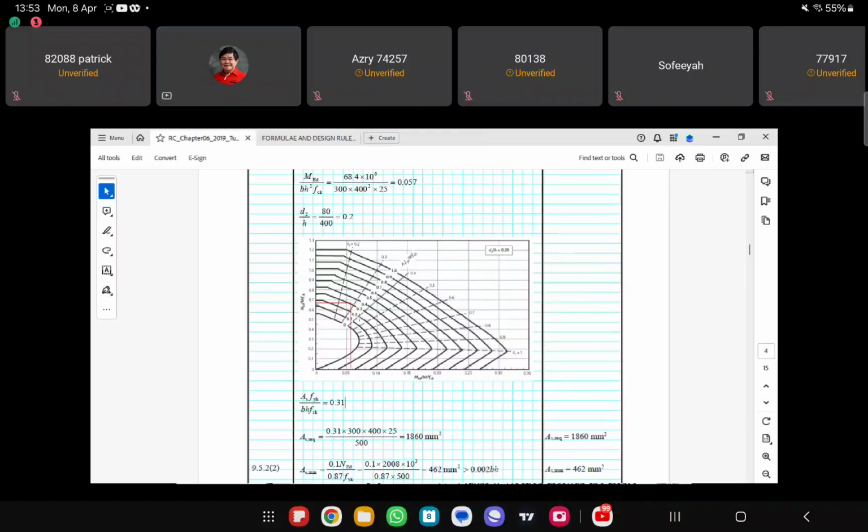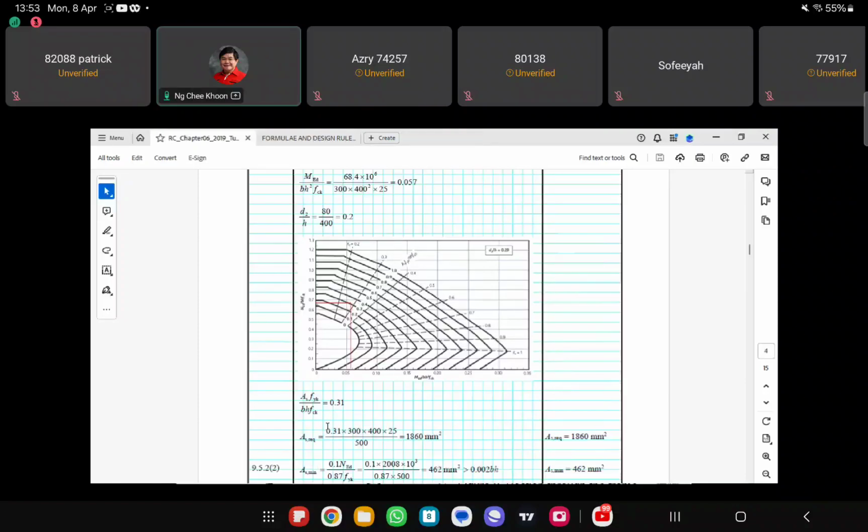So this 0.31 is actually this value, As fyk over bh fck. So I just bring the fyk to the other side, then I can calculate what is my As. This As required is from this expression here.